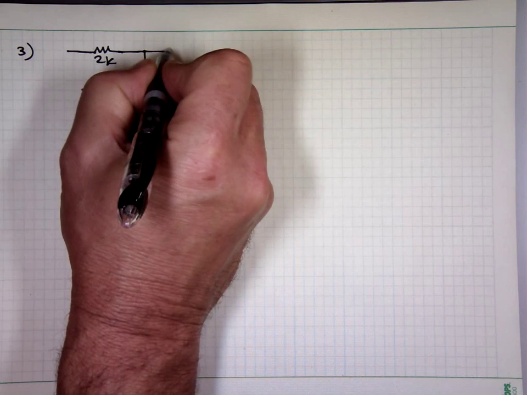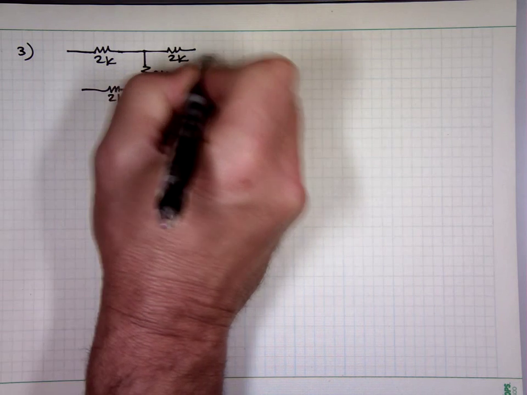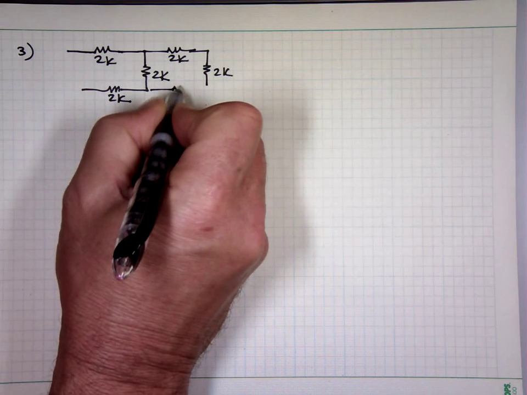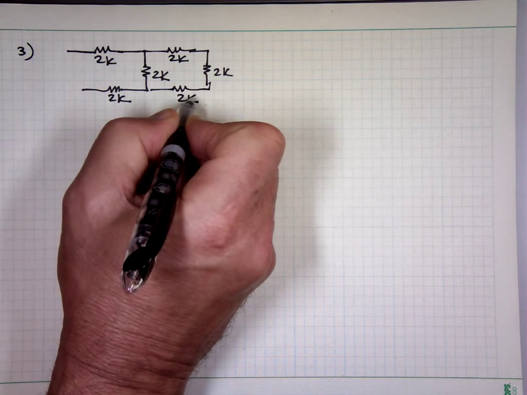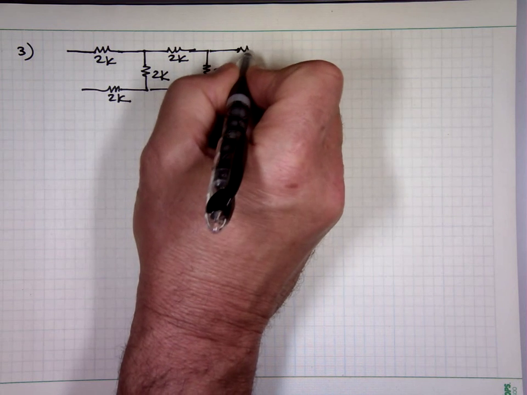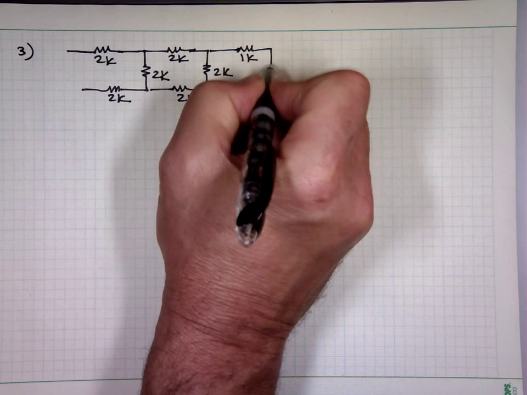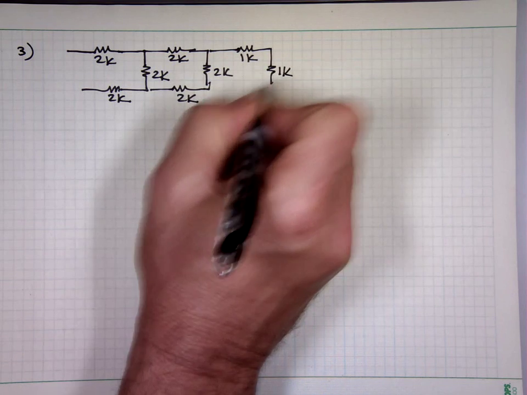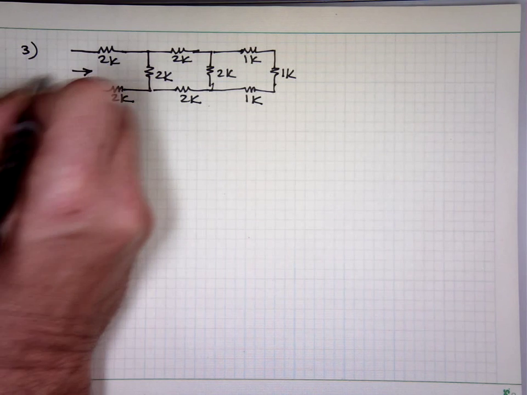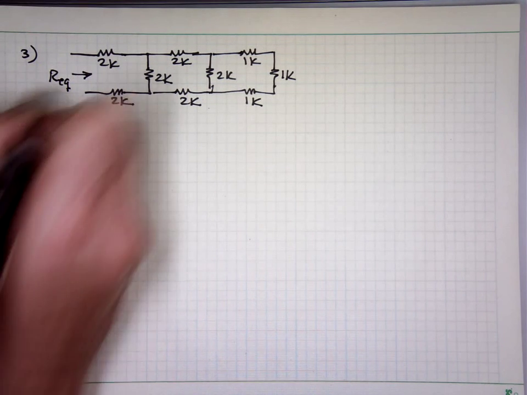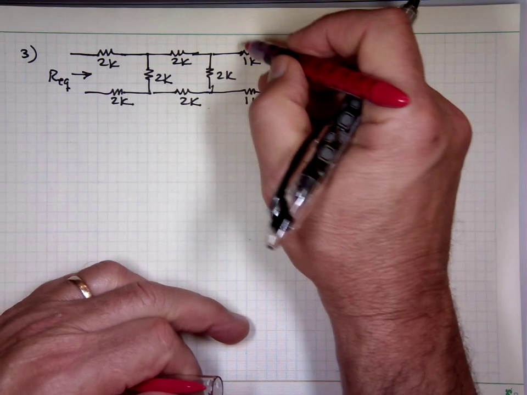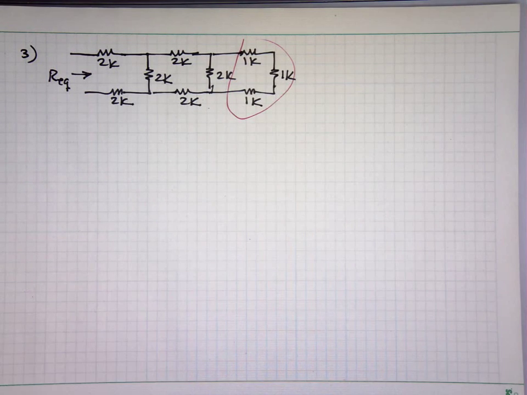Uh-oh. 1, 1, and 1, right? What is our equivalent looking in that direction if you were to measure that? Well, I see these 3 are connected how? Series. So I can make this circuit look like this.